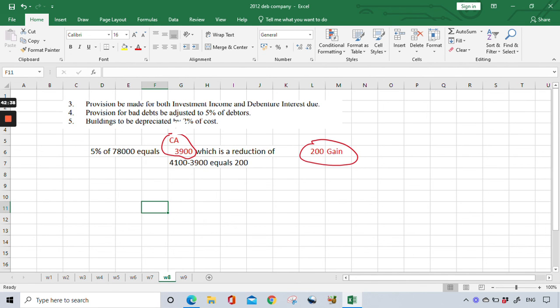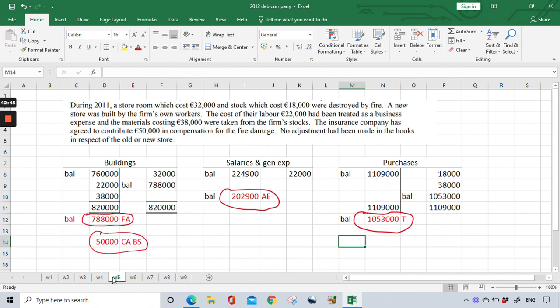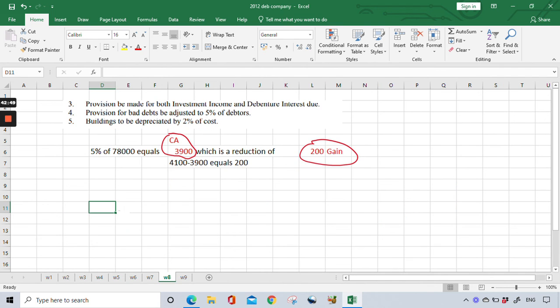We have a 200 gain, reduction in provision for bad debts. The last bit, buildings to be depreciated by 2% of cost. So I must go back to this buildings figure, which is 788,000. 788,000 multiplied by 2%, or 0.02, gives me 15,760.